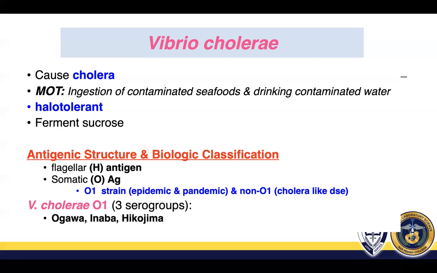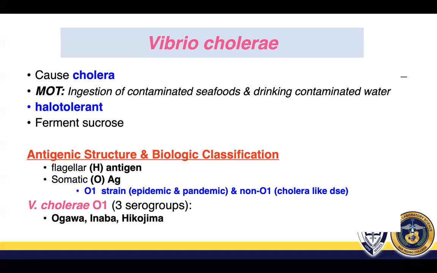Vibrio cholerae serogroup O1 has three serotypes. We have Ogawa, which has been isolated in India, Inaba from the Philippines, and Hikojima from Japan.